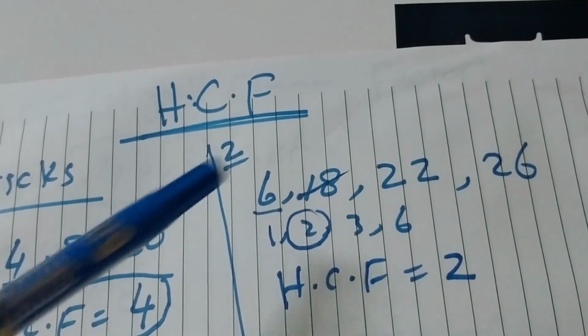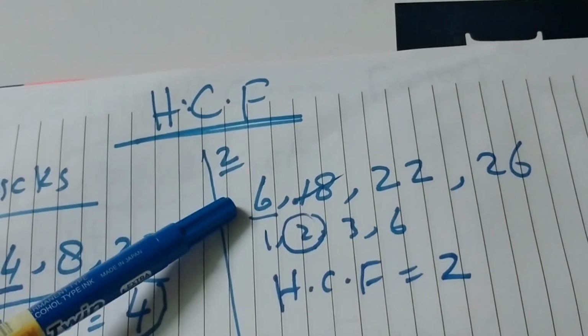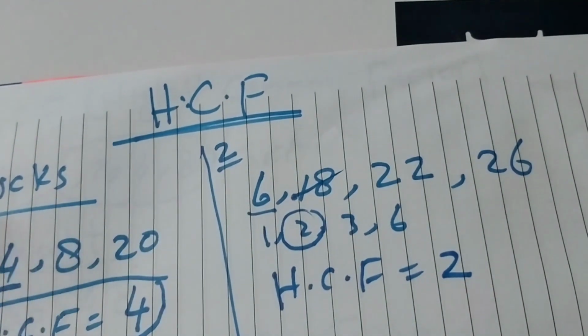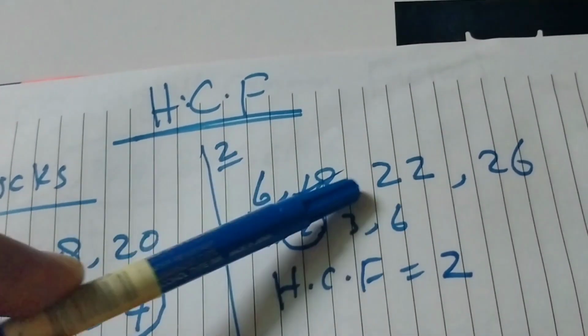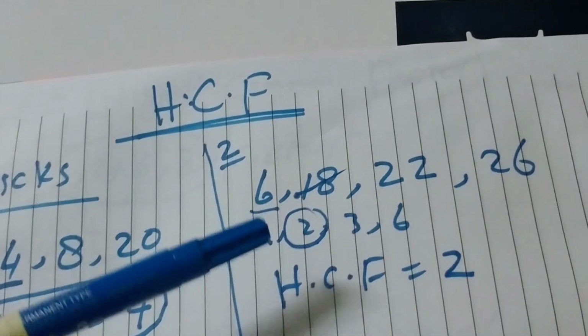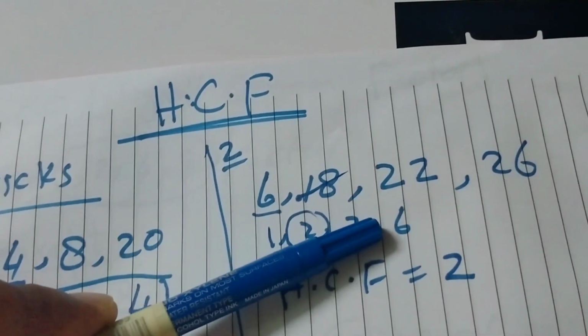The smallest number: if all given numbers are divisible by the smallest number, that's our HCF in the first technique. Second technique, if some numbers are not divisible by the smallest number, we will write the factors of the smallest number.